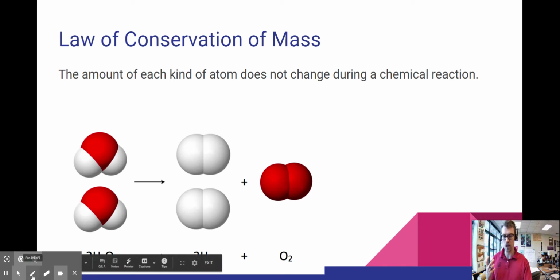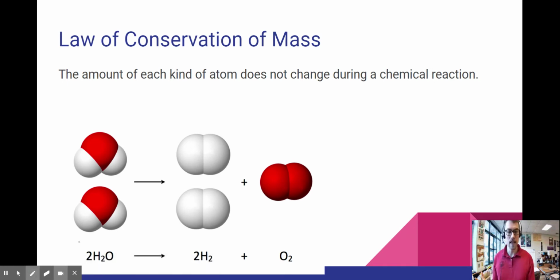So for example, if we take a look here at this diagram, the oxygens are the red and the hydrogens are the white. So here we have a total of two oxygens in the reactants, and we have two oxygens in the products, right? Those are all of the oxygens there. Again, we have the same number on each side.